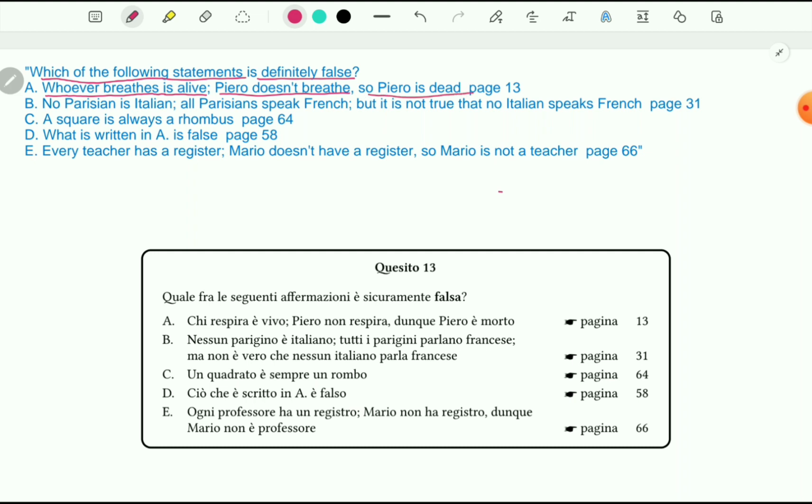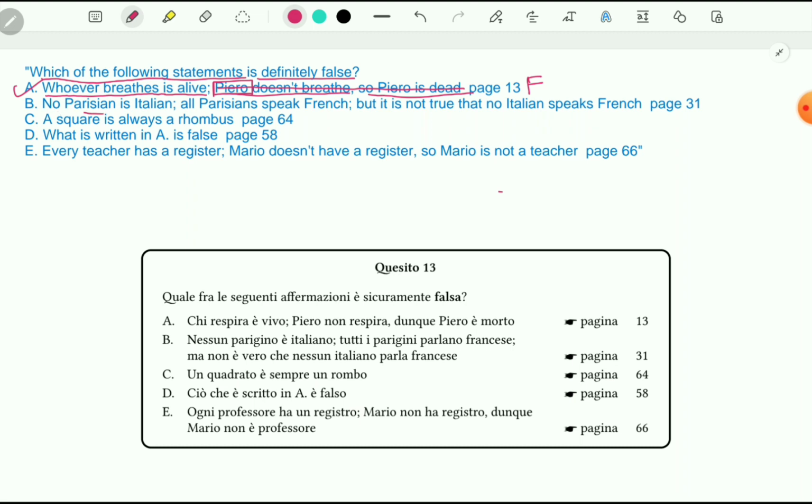Can we say that? Actually not, because Pierrot can hold his breath for some time. Everyone can hold their breath for a couple of seconds, right? So it doesn't mean that Pierrot is dead. Therefore this statement is not correct. Option A seems like a false statement, which is our answer. But let's move on to the other options to be sure.